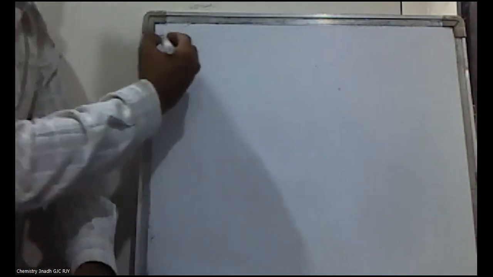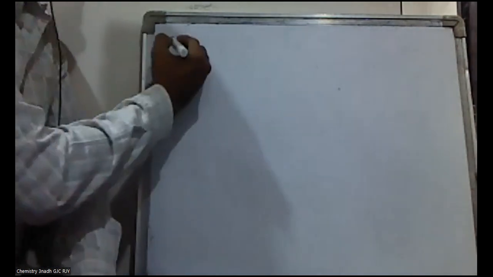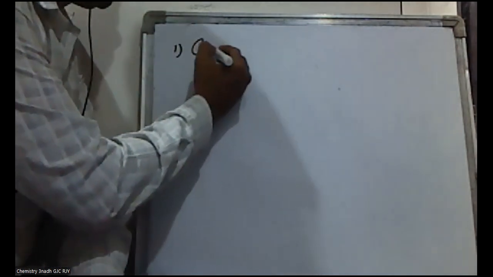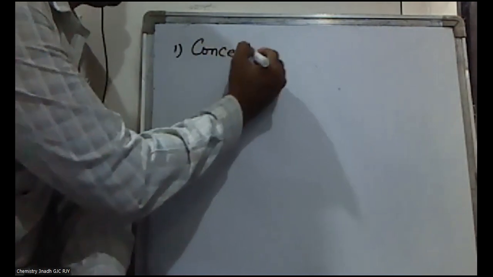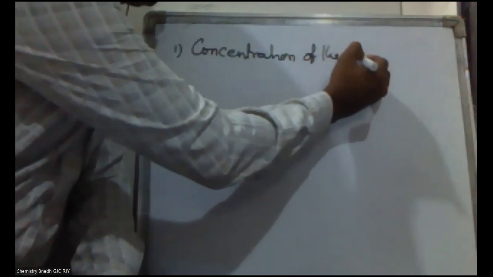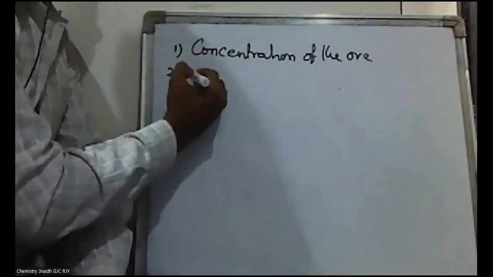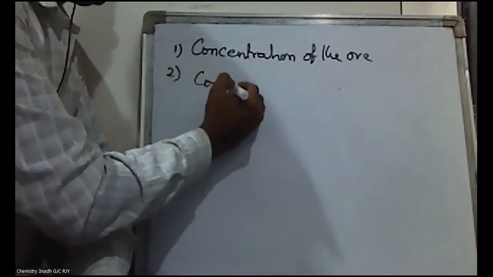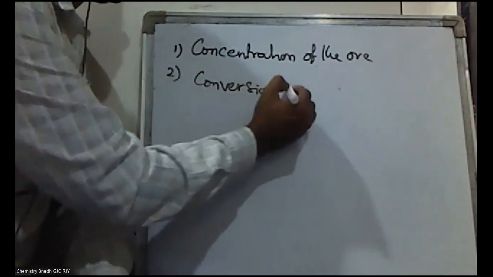In my first video, I discussed that in any metallurgical process, there are three steps. The first step is the concentration of the ore. The second step is the conversion of ore to metal.